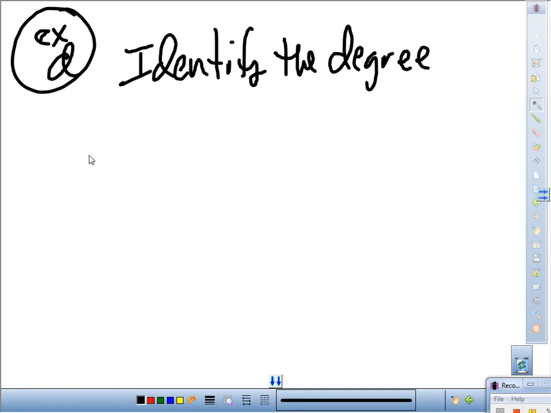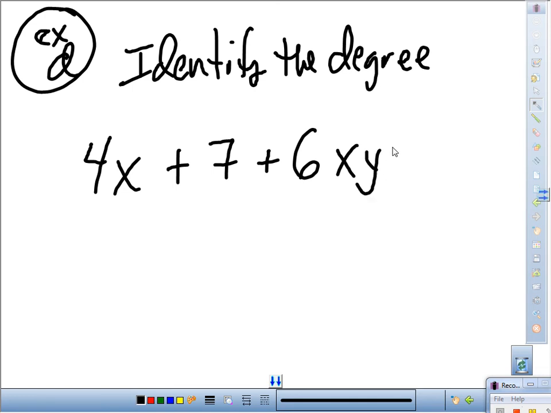Here we go. 4x plus 7 plus 6xy to the third. Identify the degree. Copy that and go.